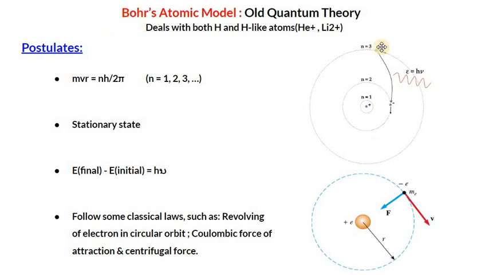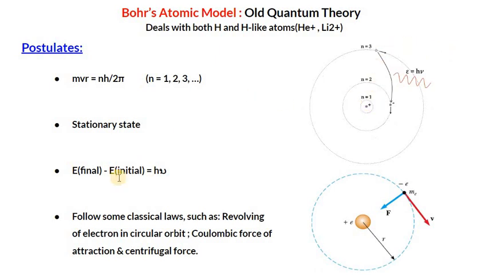And in this video, in the IIT JAM syllabus, or at graduation level, we just consider hydrogen or hydrogen-like systems, that is, one-electron systems. Hydrogen-like systems means He plus, Li 2 plus, where only one electron is present, right? So here are the postulates of Bohr theory. Before that, let me talk about the atomic model that Bohr suggested.